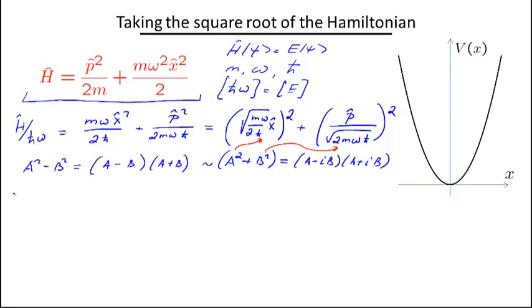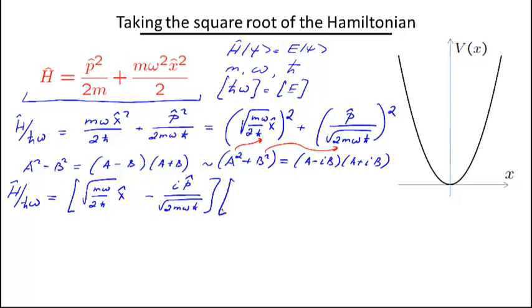So I will represent my Hamiltonian divided by h bar omega, this energy scale in the problem, as this guy, square root of m omega over 2 h bar x, minus i momentum divided by this whole thing, times the same thing but with a plus sign here. So square root of m omega over 2 h bar x plus i p over the square root of 2 m omega h bar.